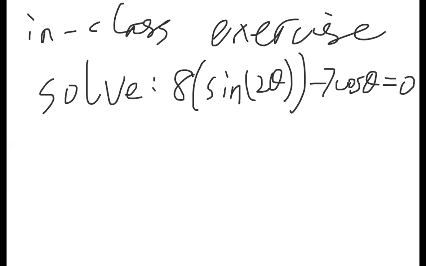Right. So the hint here would be using the double angle identity on sine. And then you will have a common factor. We'll go over it in 10 to 15 minutes.